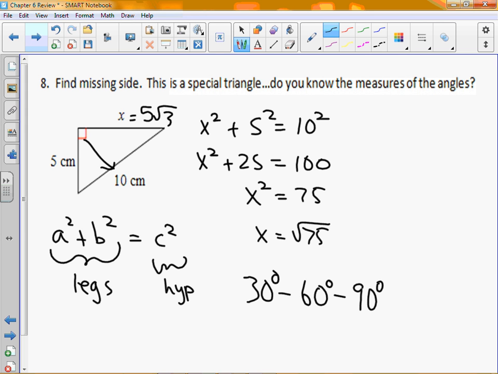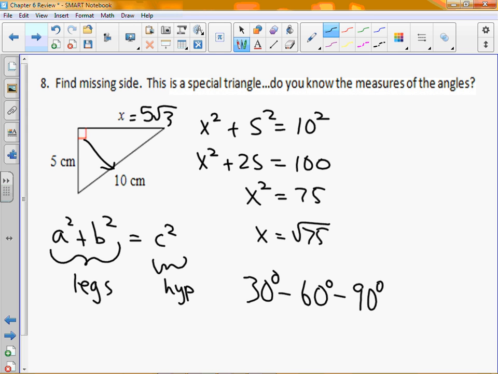One of them was a 30, 60, 90, with legs 5 and 5 times the square root of 3. 5 obviously has to be the smallest number. So when the shortest leg is half of the hypotenuse, that's a 30, 60, 90 triangle.